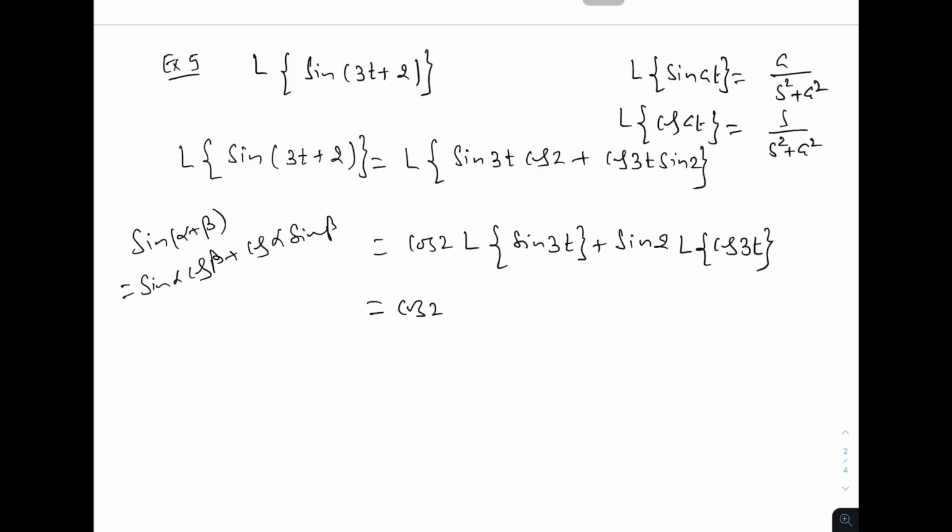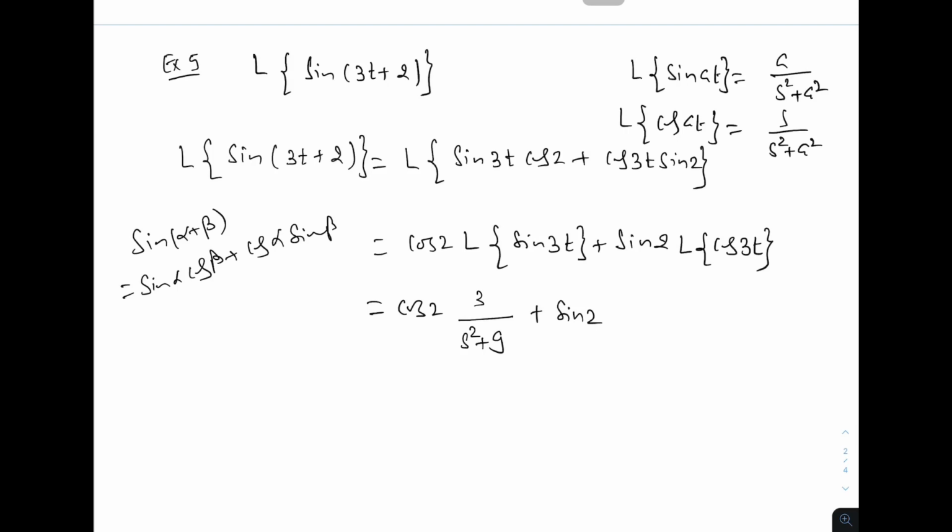and so this is equal to cosine 2. Now, Laplace transformation of sin at is a over s square plus a square, and here a is 3. So, this is 3 over s square plus 9 plus sin 2. Now, Laplace transformation of cosine at is s over s square plus a square, and here a is again 3.